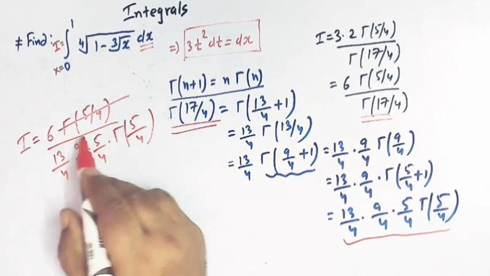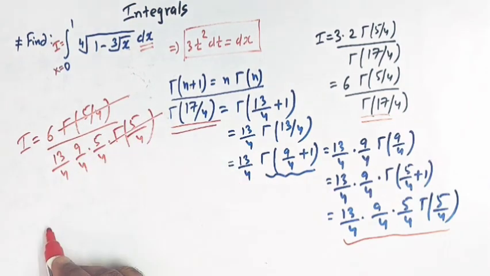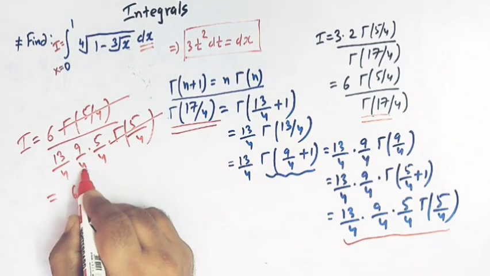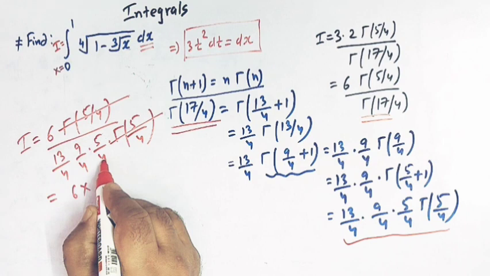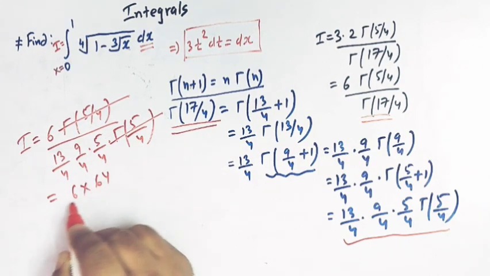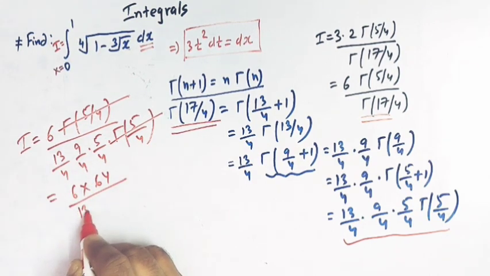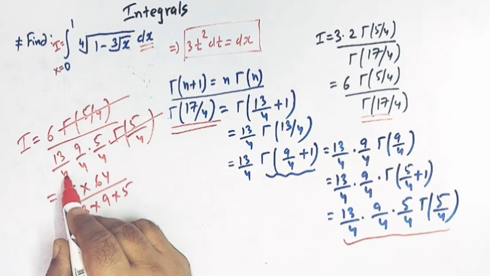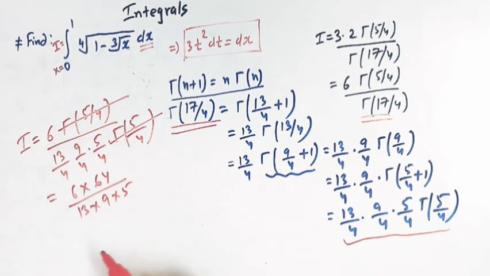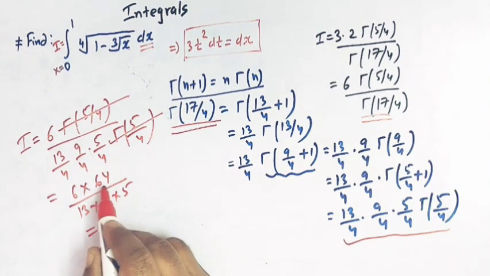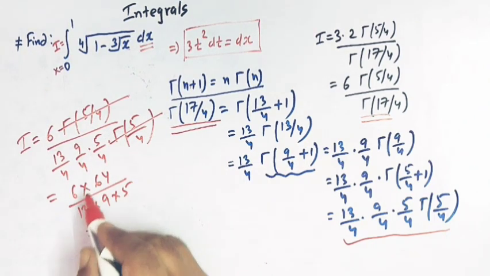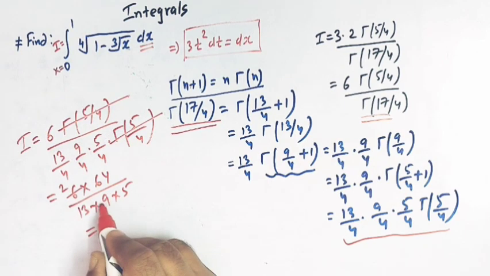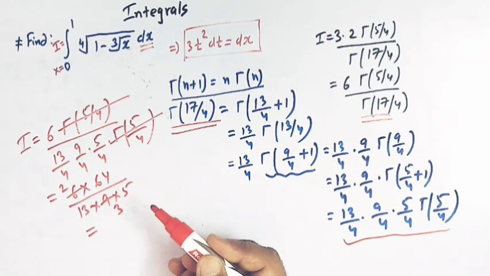So here gamma of 5 by 4 and gamma of 5 by 4 get cancelled, so we are left with 6 times 4 times 4 times 4, which is 64, over 13 times 9 times 5, right? So taking 64 to the numerator, here we have some common factors, so we can cancel them out. Here we have 3 2s are 6, here we have 3 3s are 9, right?